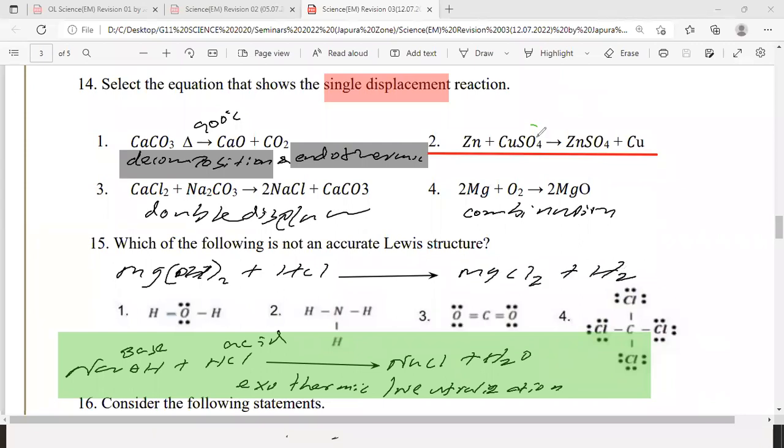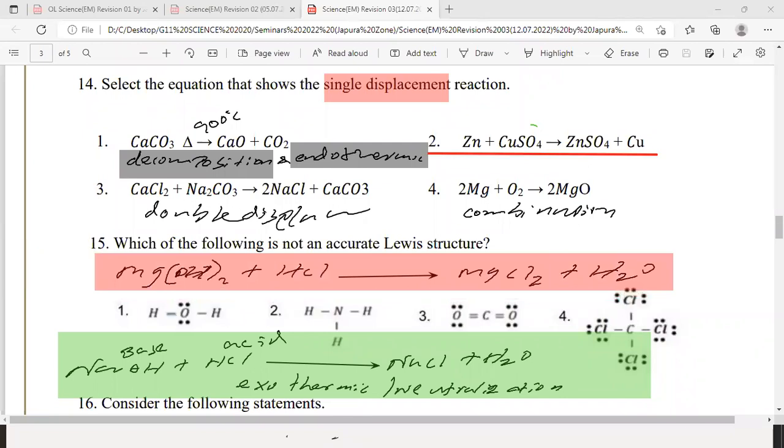So this is a neutralization reaction as well as an exothermic reaction. Any acid-base reaction is neutralization as well as exothermic. So this is also very important. Other than the grade 10 reaction types, they can ask about these three types also: exothermic, endothermic and neutralization reaction.